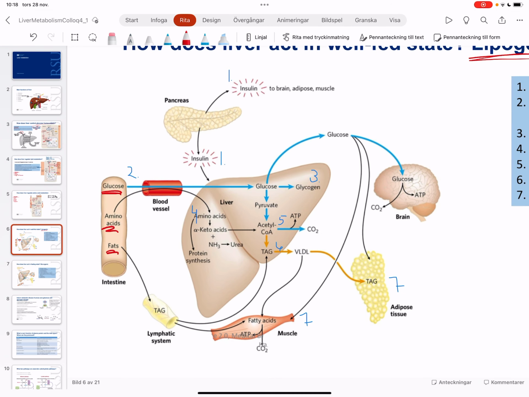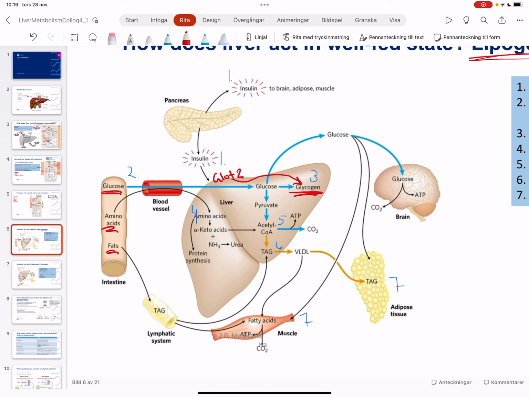Insulin will tell the liver to do glycogenesis, because insulin will act on the GLUT2 receptors, and the GLUT2 receptors will signal to do glycogenesis. Therefore, glucose will be taken up through the blood vessel and then to the liver, and then glycogenesis will happen.